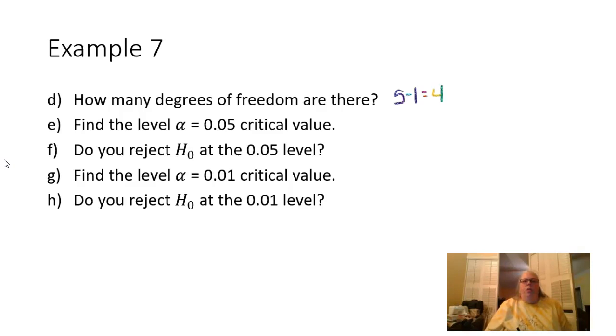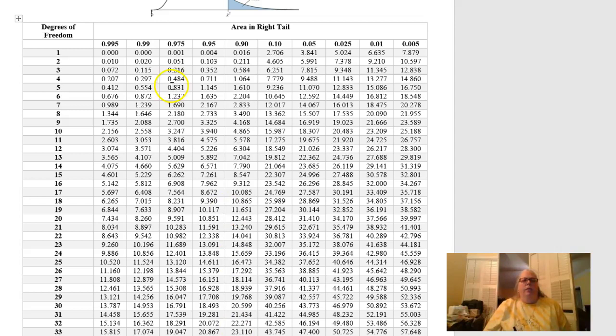All right. Now we want to find the critical value at alpha equals 0.05. So we're going to pull up table A4. We're going to be looking on line 4 and under the column 0.05, and we're going to figure out what that critical value is. All right, so line 4, 0.05.